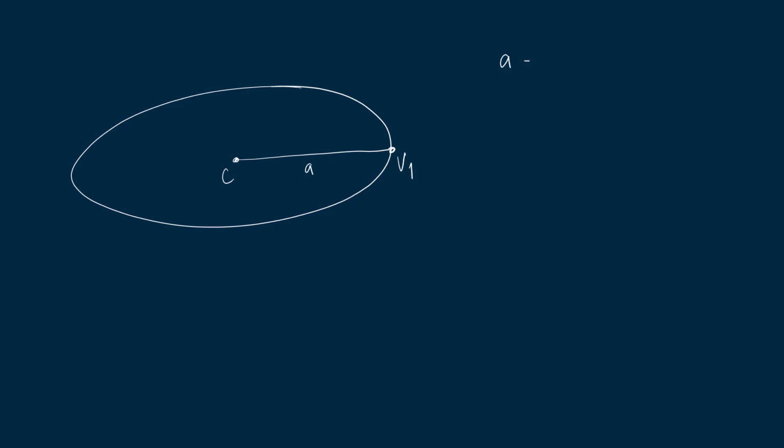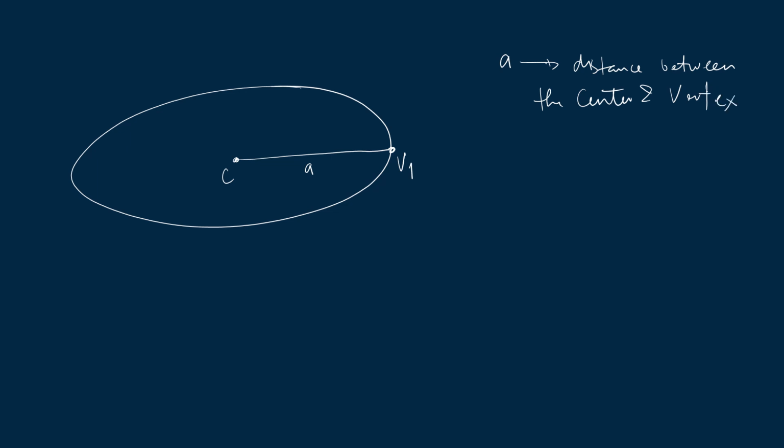So a stands for the distance between the center and vertex.